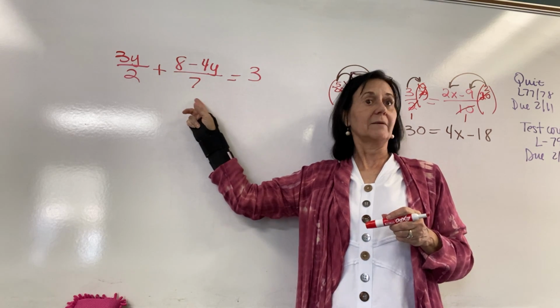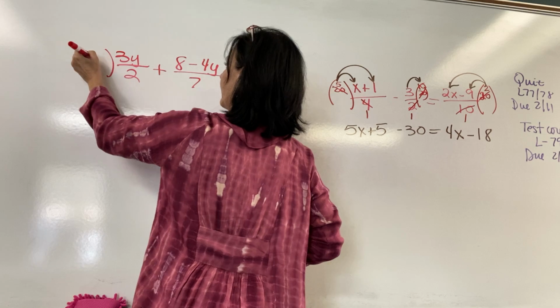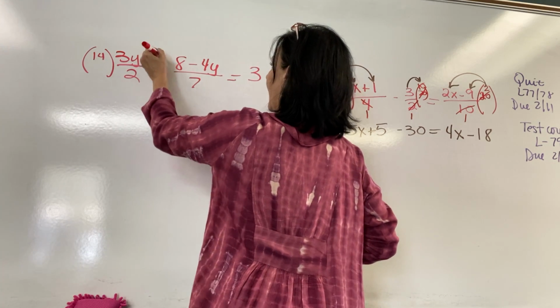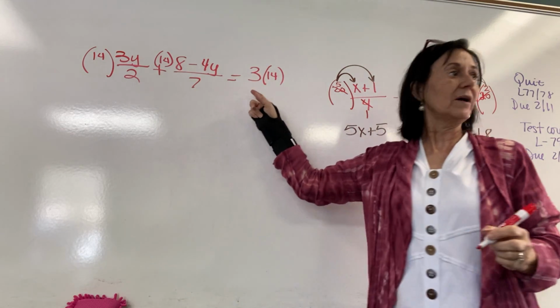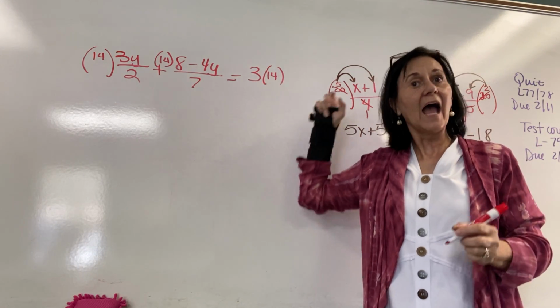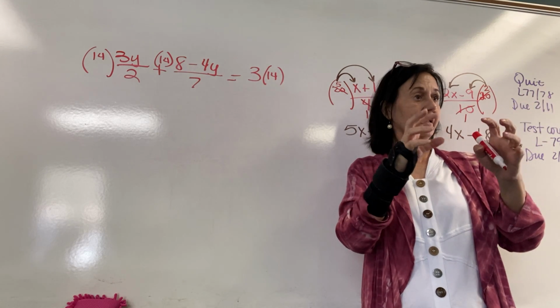So I'm multiplying every term by 14, even the 3 over here, even though it doesn't have a denominator. I have to multiply all of them. Got it?